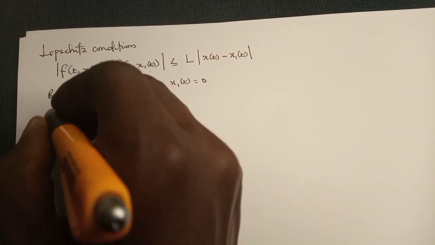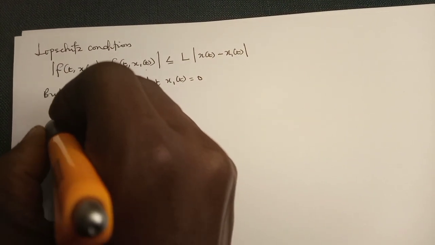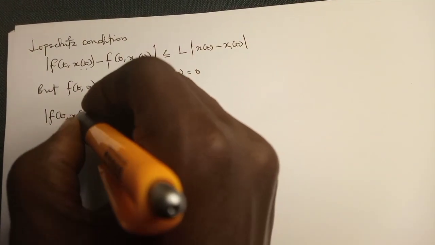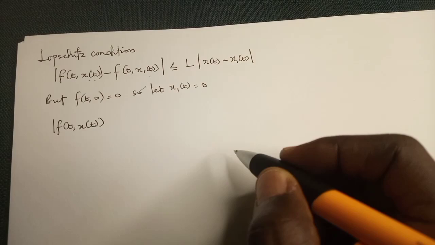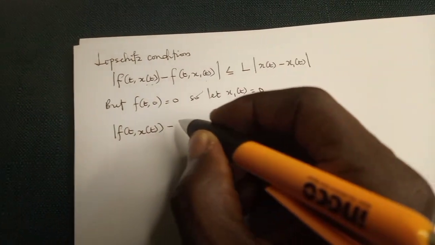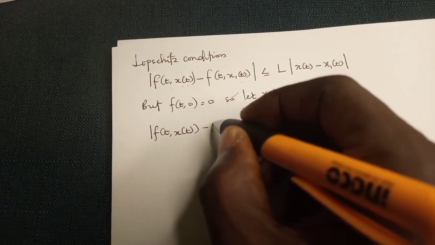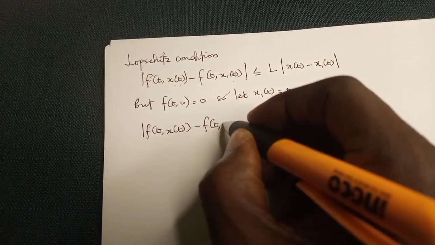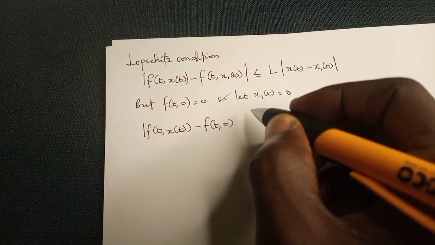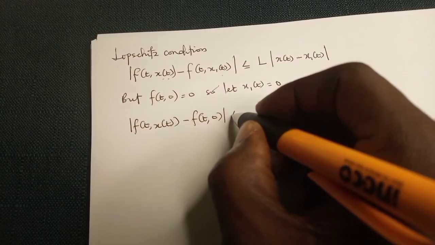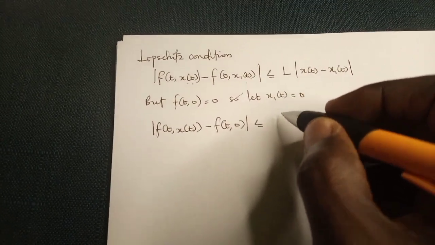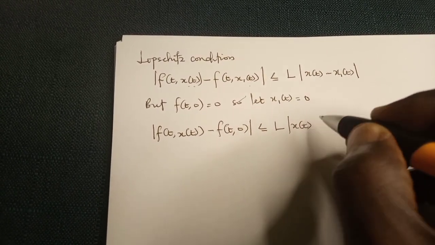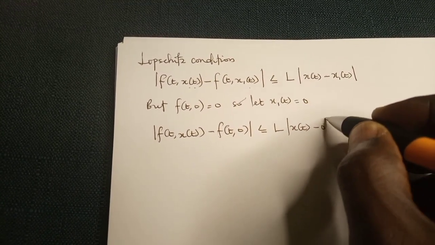That means we'll be having f(t, x(t)) minus f(t, 0) less than or equal to L times |x(t) minus 0|.